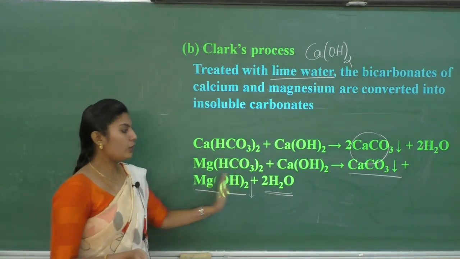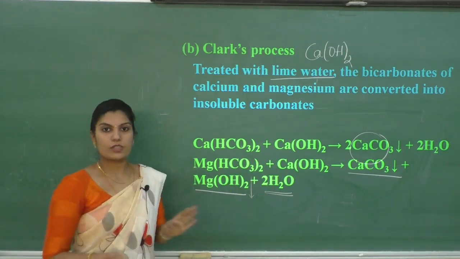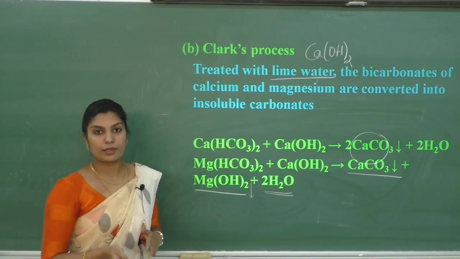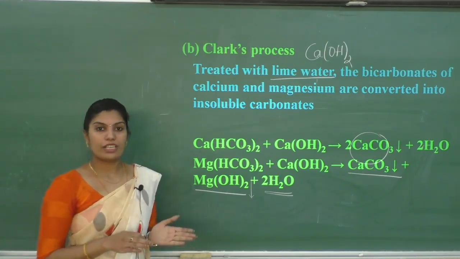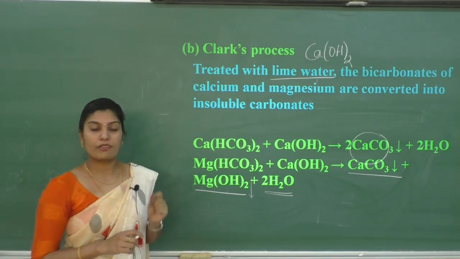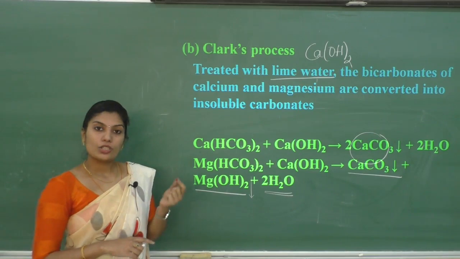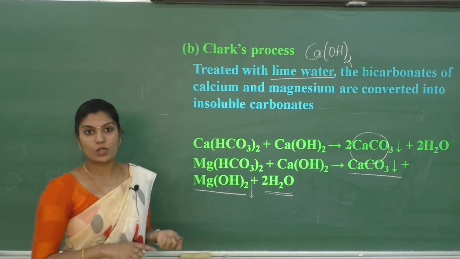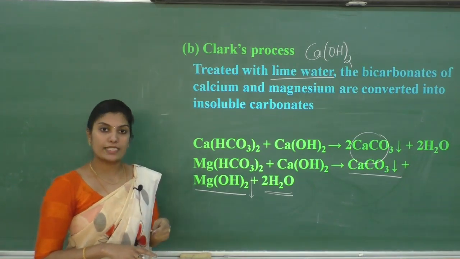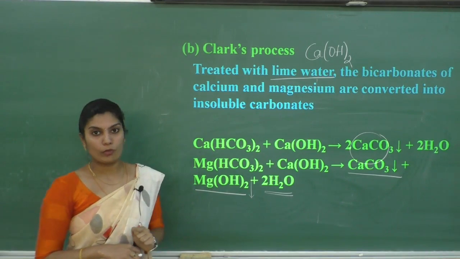Clear? Then the water we are going to get is pure water. These are the two methods for the removal of temporary hardness. Remember, temporary hardness is due to the presence of bicarbonates of calcium and magnesium, and those soluble bicarbonates are converted into insoluble carbonates just by boiling or by treating with lime water.